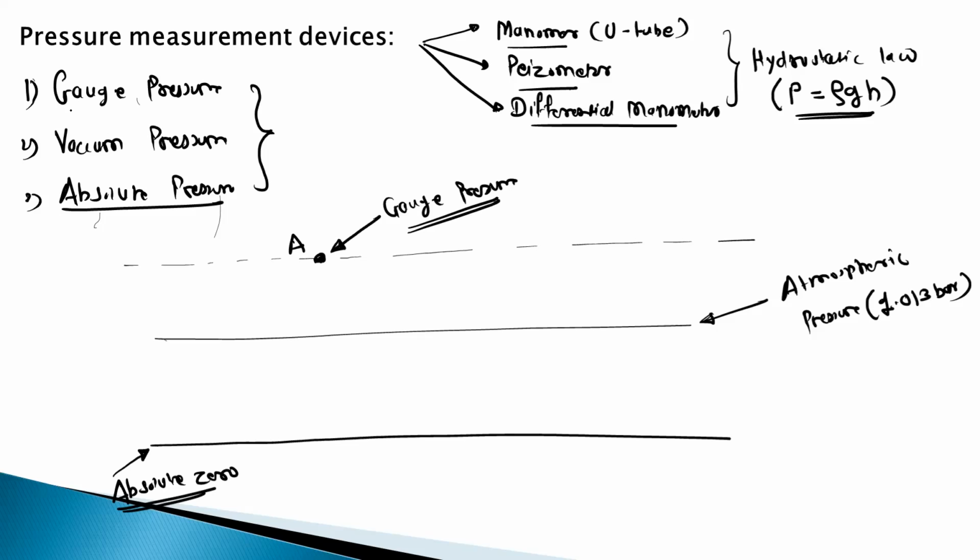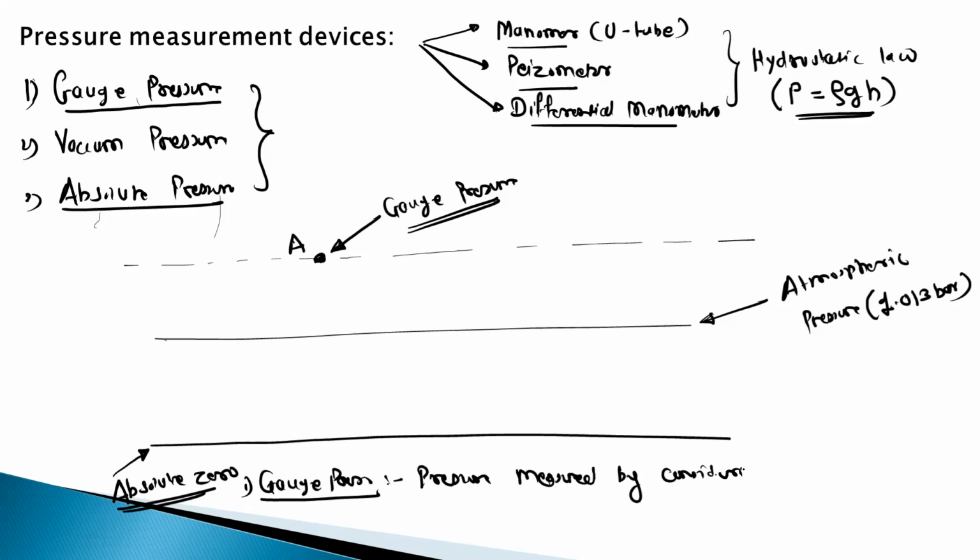So gauge pressure is nothing but the pressure measured by considering the atmospheric pressure as a reference or the datum. That pressure is called a gauge pressure.